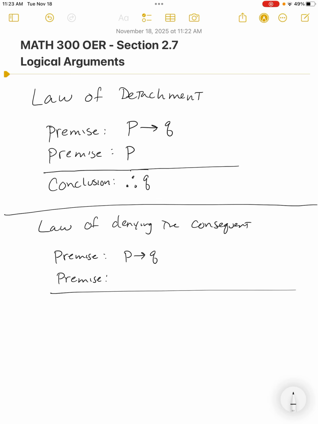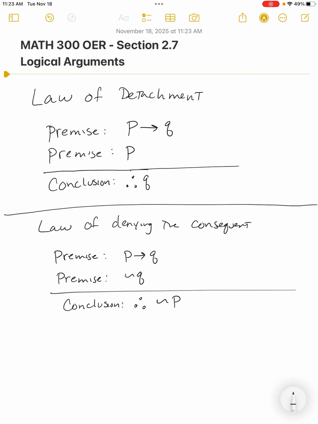So the first premise is that P implies Q. The second premise is that Q didn't happen. So if the premise is true that if you pay me $100, you'll get an A in class, and you see that somebody didn't get an A in the class, then the conclusion would be very natural. Oh, well then they must not have paid you the money. That first thing must not have happened.